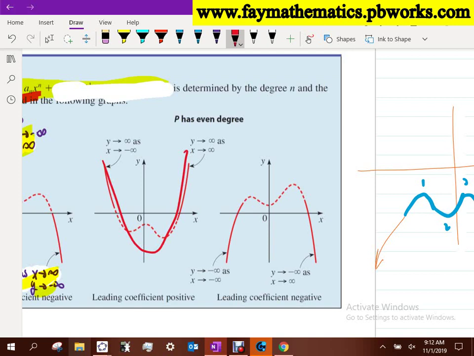The dotted part here on the picture is showing that we can have different behaviors if it's to the fourth, to the sixth, to the eighth, all that kind of thing. But regardless, if it's even, the end behavior, which is that portion and that portion, is exactly the same as it would be for x squared if it was concave up for that first picture or concave down for the picture on the right. Does that make sense?